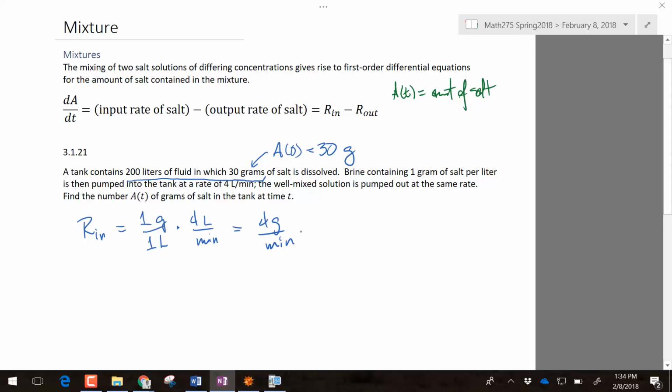What's the amount going out? So it's a mixture of what's going in and what's already there. So R out, what's the mixture going in? 4 grams per minute. That's the mixture going in, right? And then we have the mixture that's in there right now. Well, that's just the initial part, right?